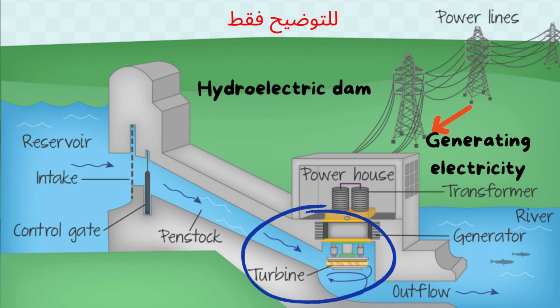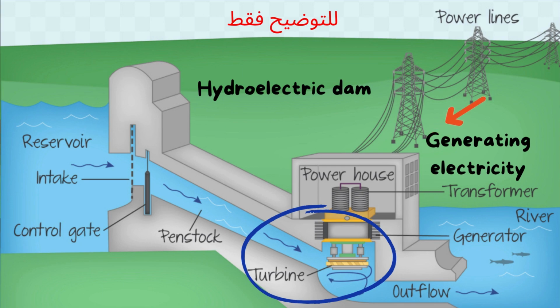So what happens here? The gravitational potential energy stored in the water is converted into kinetic energy when the water flows through the hydroelectric dam, and this flow causes what? The rotation of the turbines, as the kinetic energy transfers from the water to the turbines.